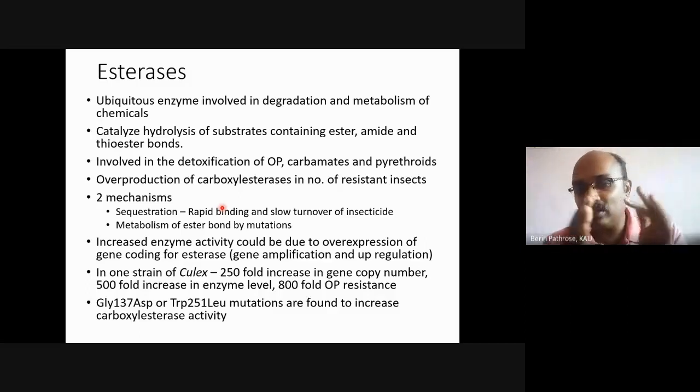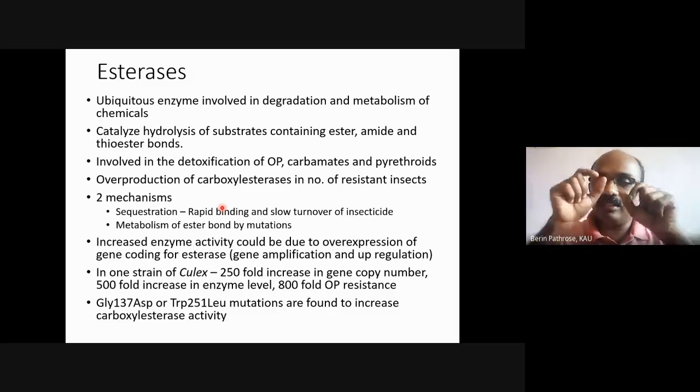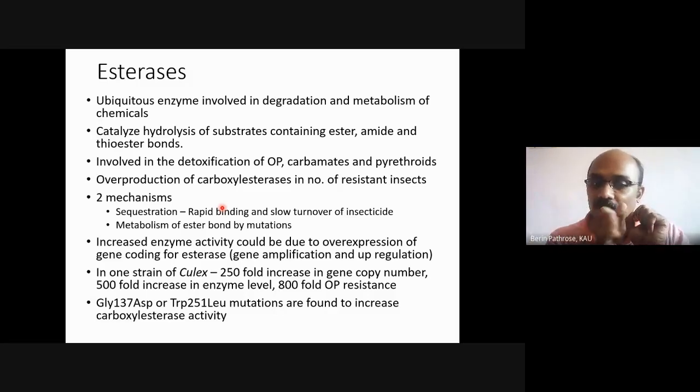In the chromosome, before that gene which is coding for the esterase enzyme, there will be a set of nucleotides which will control the expression of this gene. This set will make the gene coding for the esterase enzyme work harder or overexpress.